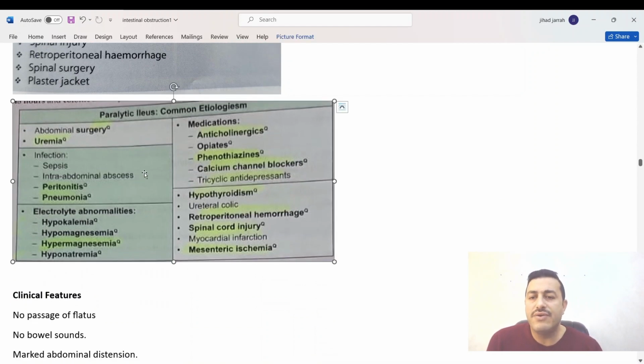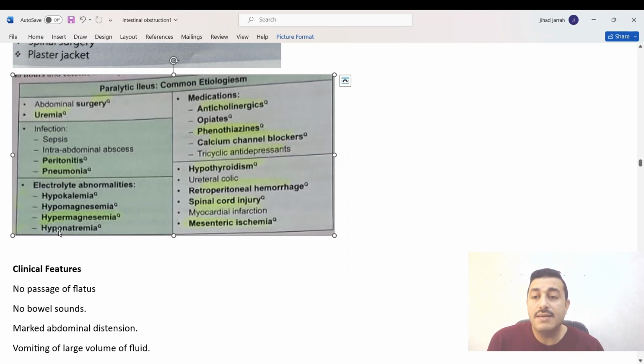Okay, here is another picture also reviewing the causes of paralytic ileus. These include surgeries, uremia, infection, peritonitis, pneumonia, electrolyte imbalance, not only hypokalemia but also hypomagnesemia. Hyponatremia can also lead to paralytic ileus.